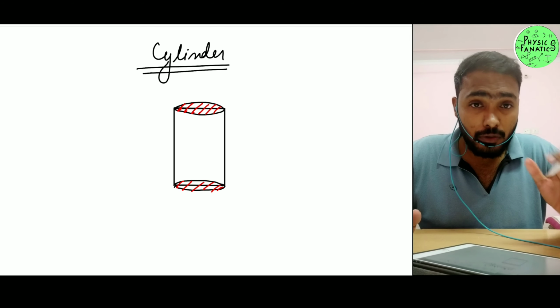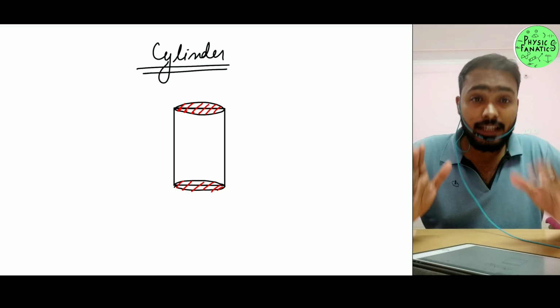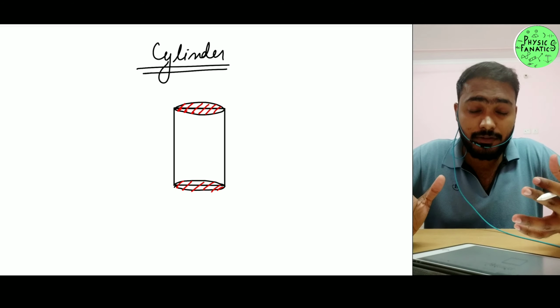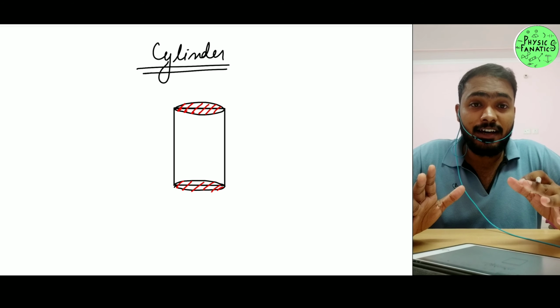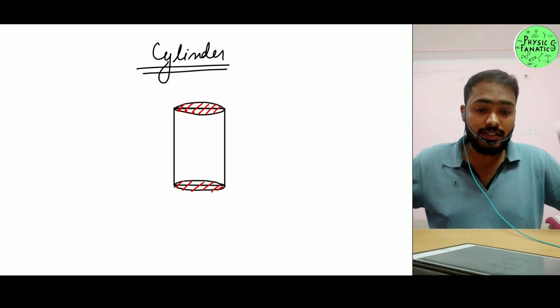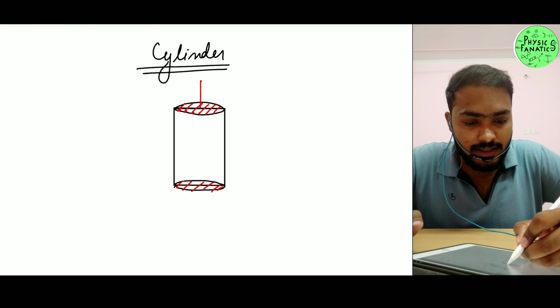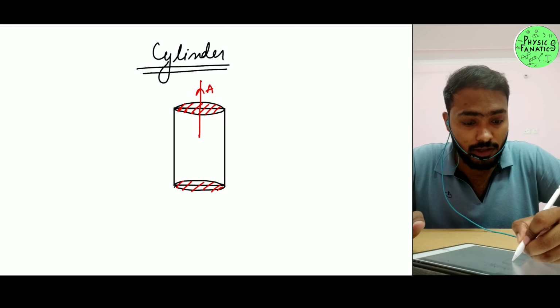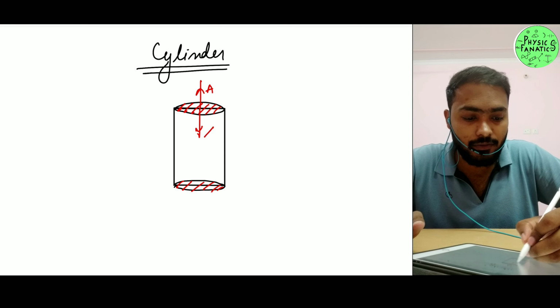So whenever we talk about closed figures, the area vector will again be perpendicular to the surface, but the difference is it will always be perpendicularly outward. For example, this circle can have an area vector in the upward direction and it can go in the downward direction. So we will neglect the downward direction.